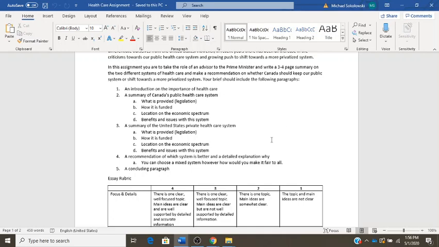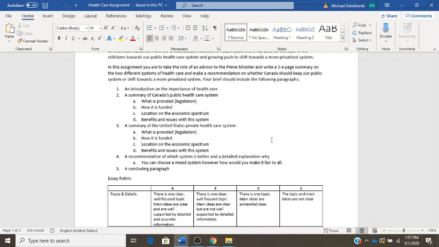You have to give me a very lengthy, detailed discussion on why the American system is better if you believe that is the case. You can choose a mixed system, meaning a two-tier system with aspects of private healthcare and aspects of public healthcare. But I want you to talk about how you make it fair so people with more money don't get better treatment.